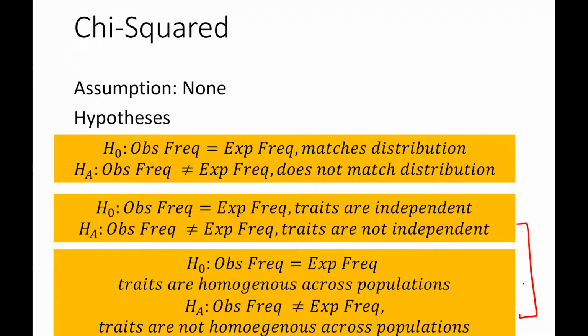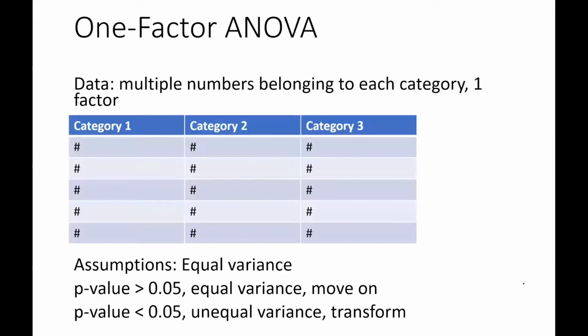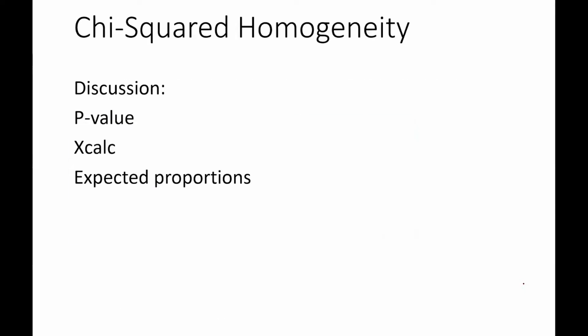The data looks similar, the way that you do them looks similar, the outputs are the same. It's all about, was it 2 traits in one population or one population with 2 traits? Sorry, I meant to delete this homogeneity part.